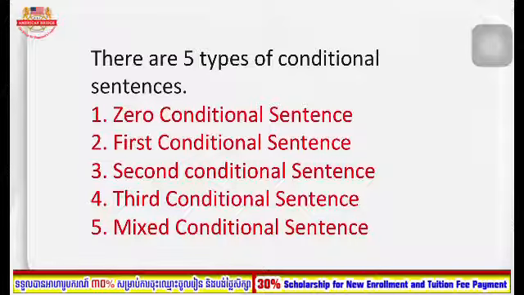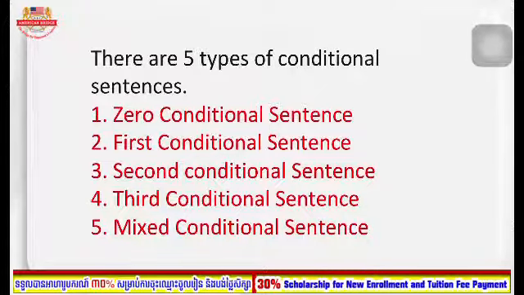Number two, first conditional sentence. Number three, second conditional sentence. Number four, third conditional sentence. Number five, mixed conditional sentence. Students, do you still remember how to use them and the forms of all of these conditional sentences? Let's move to part two altogether.